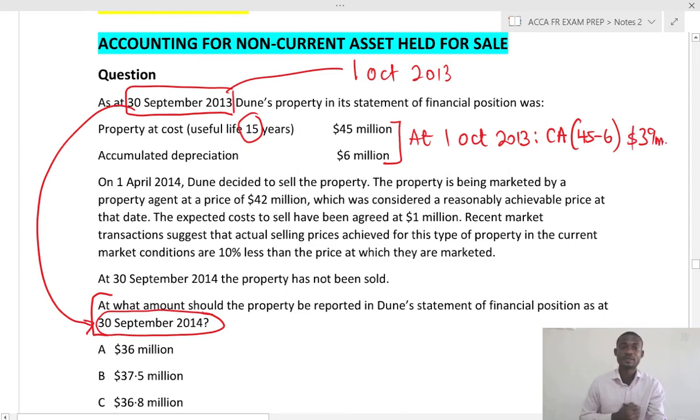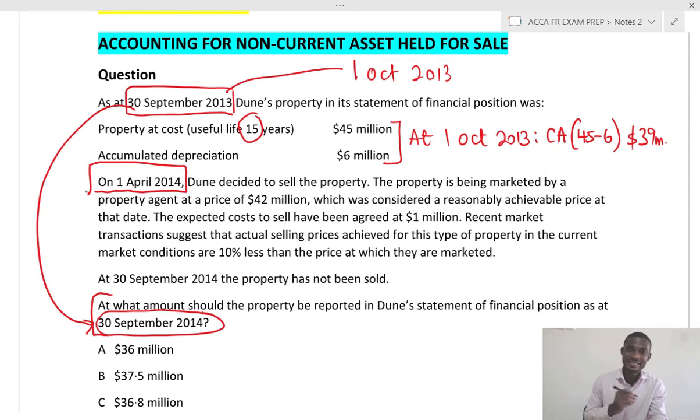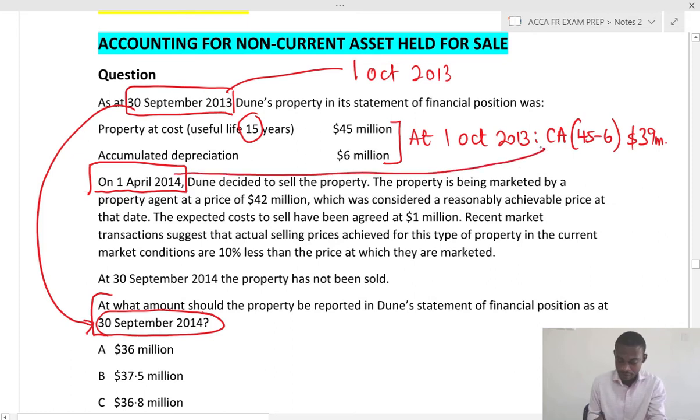Now, on 1st April 2014, Don decided to sell the property. So what it means is that there is a change in the use or the intention for holding the asset. Quickly, you have to also reconcile this to the start of the year.